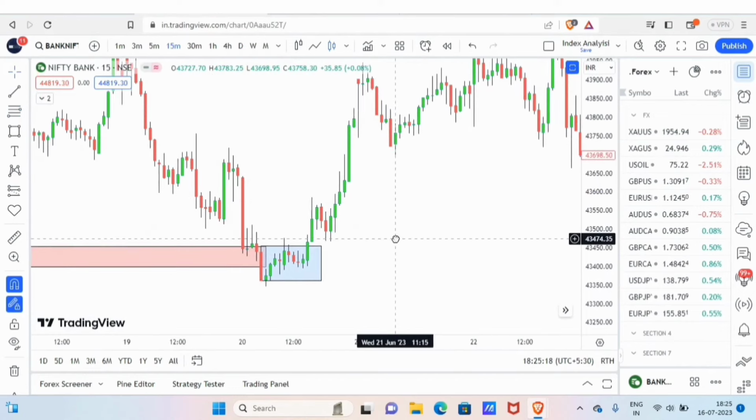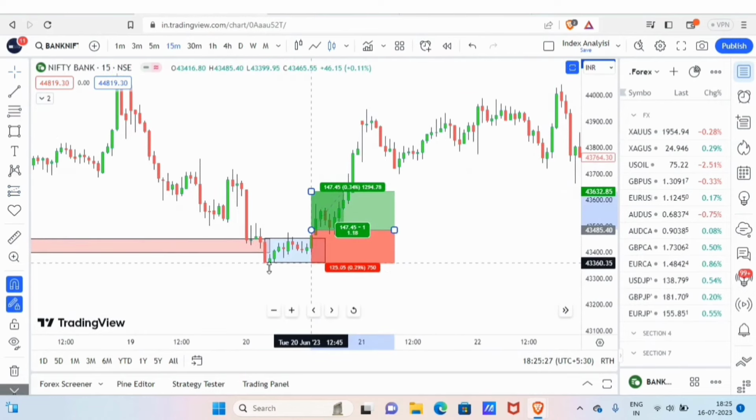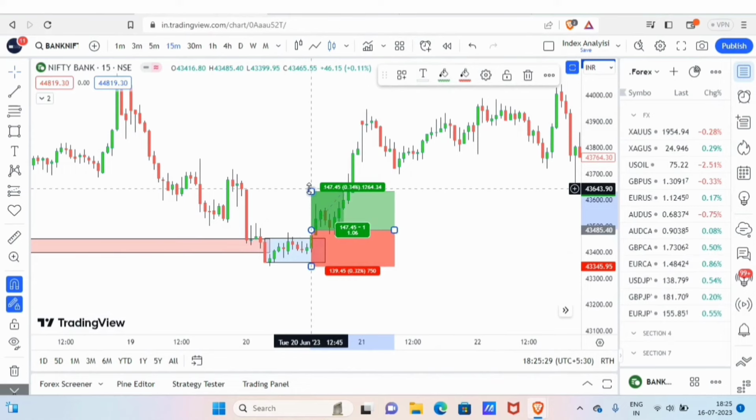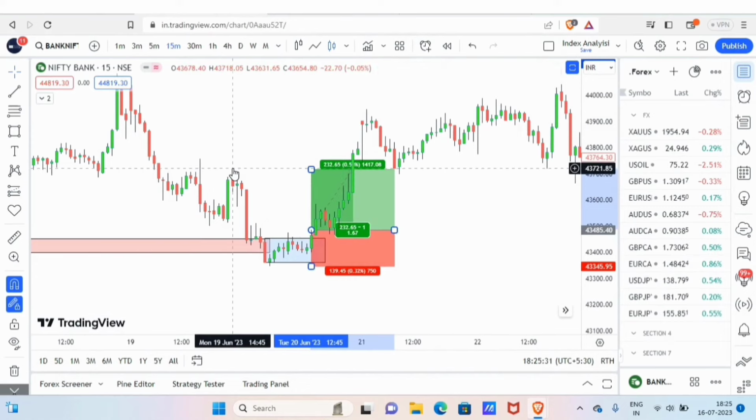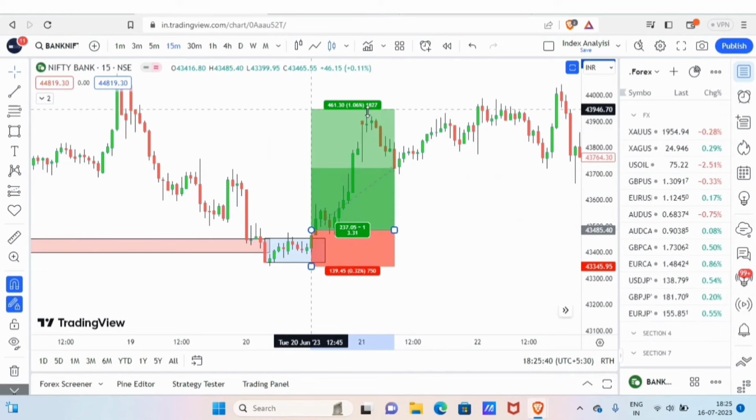So in such a case, for aggressive traders, this is the immediate swing high. For a risk of 139 points, it gave 232 points, which is nothing but 1 is to 1.6, and maximum it gave a risk reward of 1 is to 3.